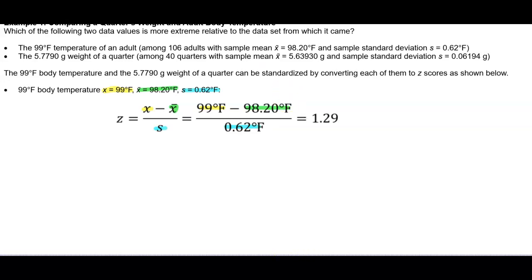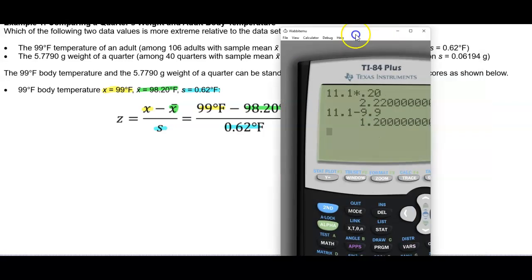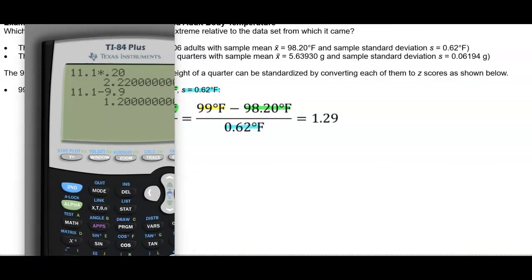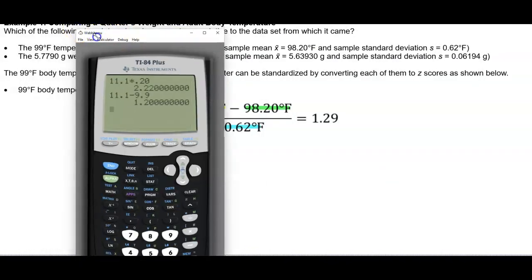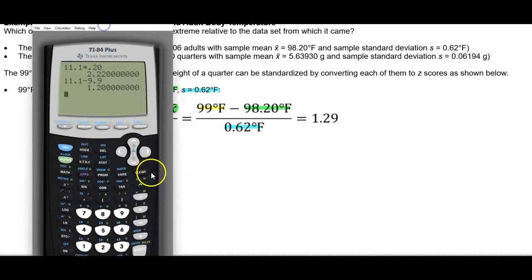So let me pull up the calculator here and do this calculation just to make sure that we're on the same page. We take 99 and subtract 98.20. Okay, so we get 0.800000.